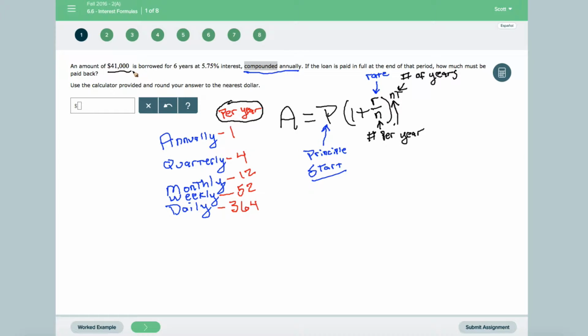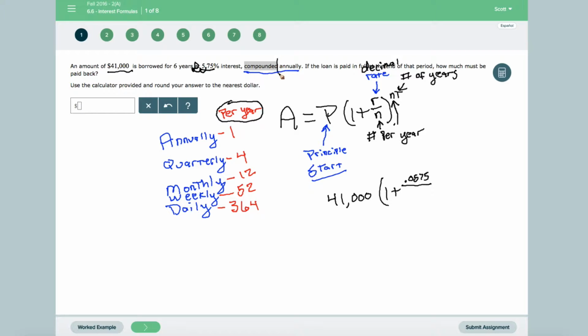So let's plug this in. We've got 41,000 times 1 plus, what's my rate? It's 5.75, and that has to be a decimal. To turn that into a decimal, we move the decimal 2 places, giving us 0.0575, over how many times per year?